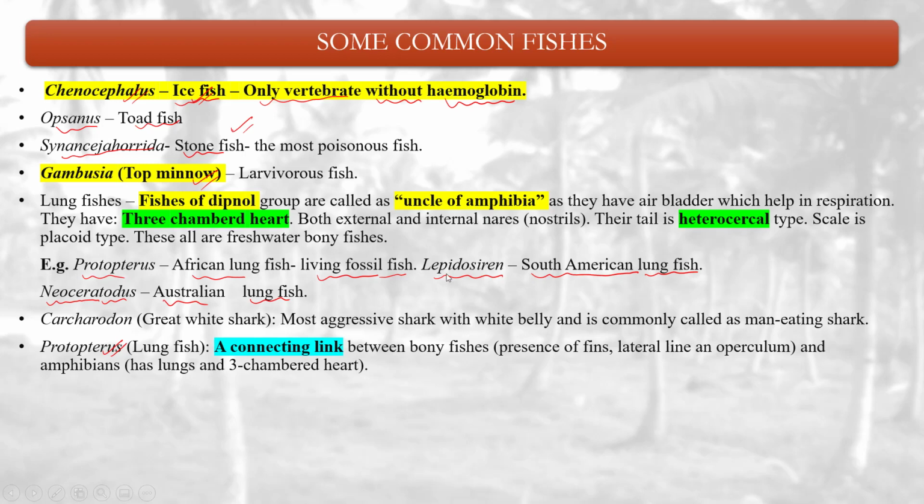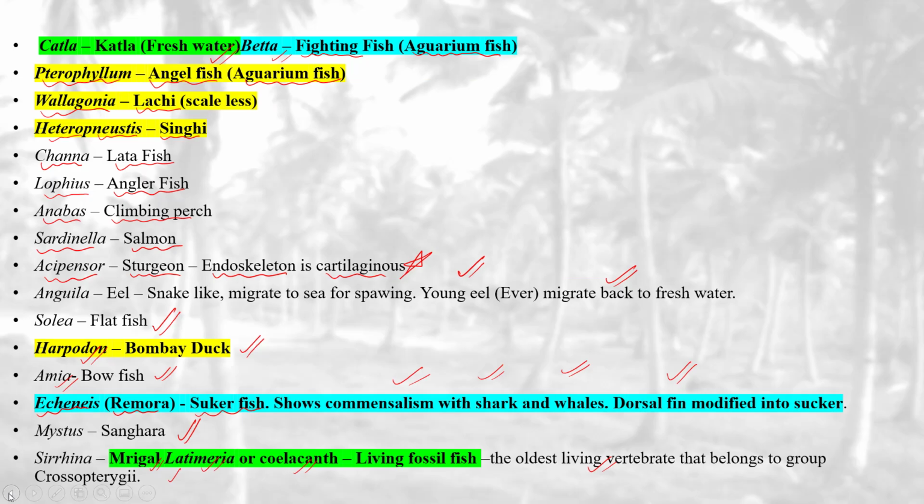Their tail is heterocercal type, which confirms they have evolved from cartilaginous fishes. They are also known as the uncle of amphibia. The scale is placoid type. These are all freshwater bony fishes.